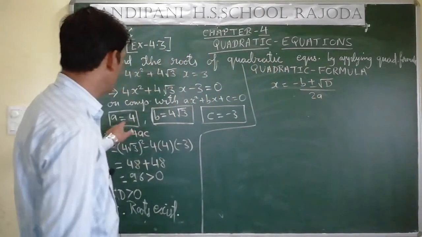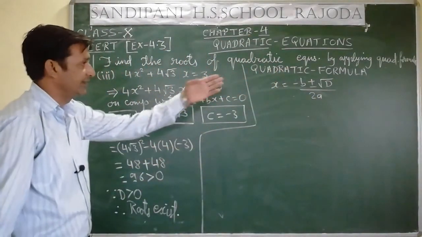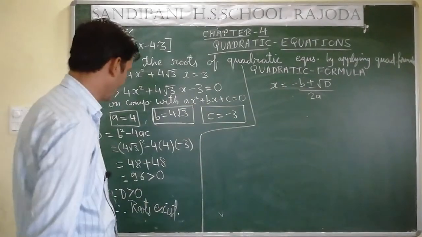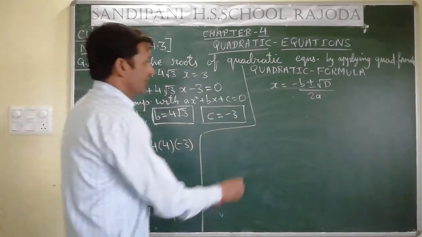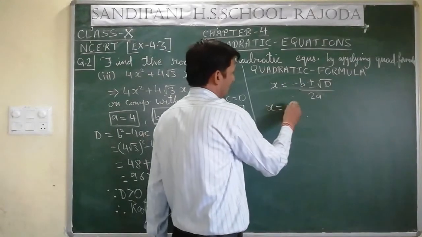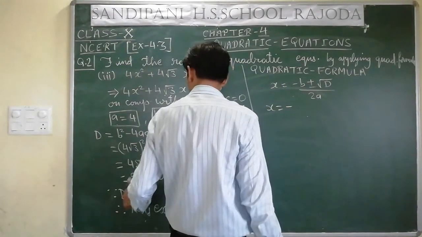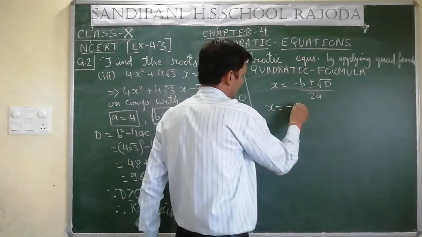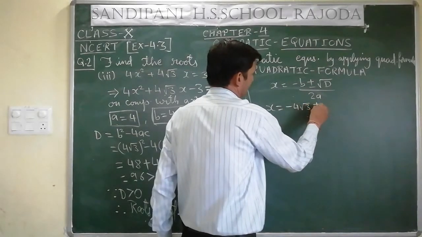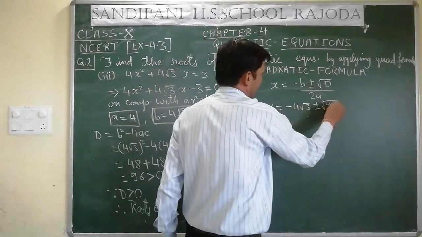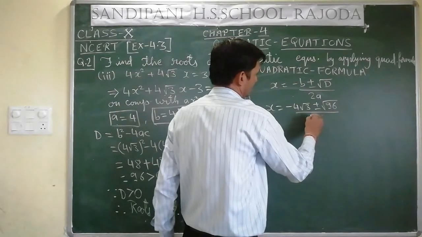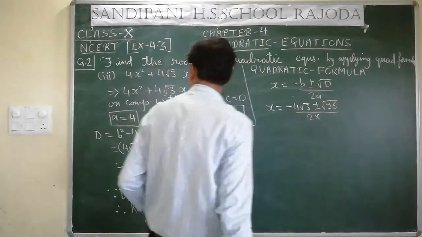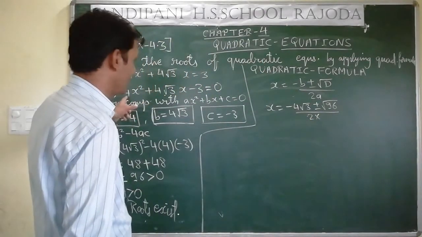You may put the values of a, b and d there. D we have determined already, that is 96. So it will be x is equal to minus value of b is 4 root 3 plus minus under the root 96 upon 2 into value of a.